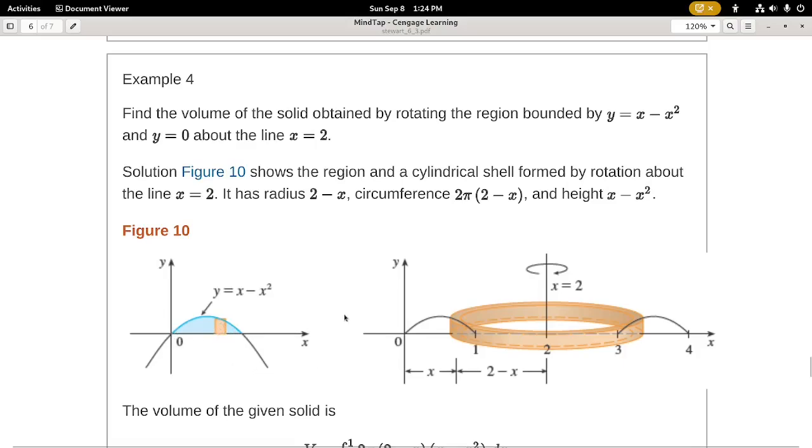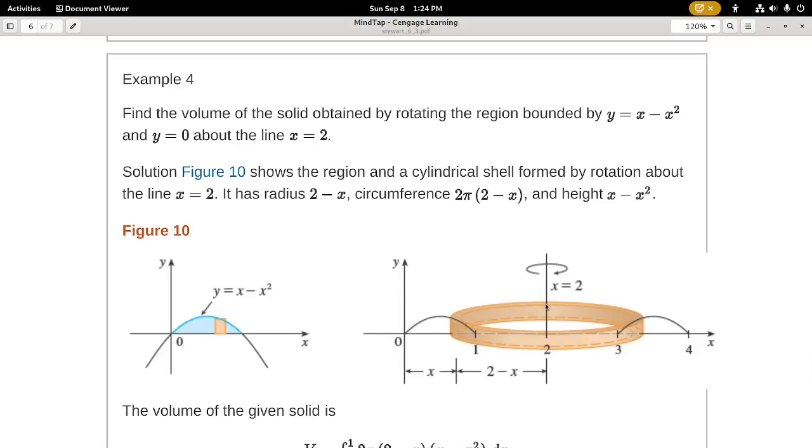When you rotate that small cylindrical shell around, it creates something like this, okay? Where the value here is x, and this is the center of the shell. So the radius is the distance from this line x equals 2 all the way to that point x that you're doing here. Okay, it's that positive distance right there.